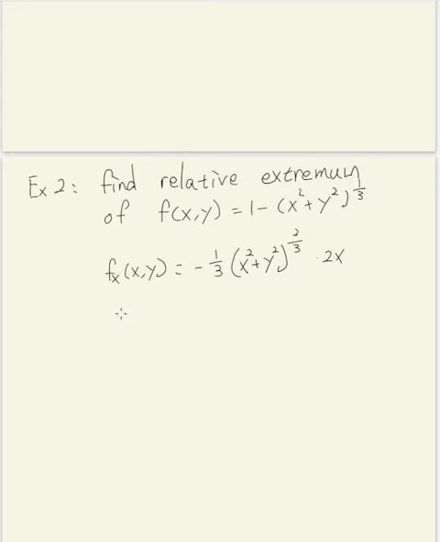And f partial y is the same thing except multiplied by 2y instead. Or this is minus 2/3, sorry, minus 2/3 and then times 2y.